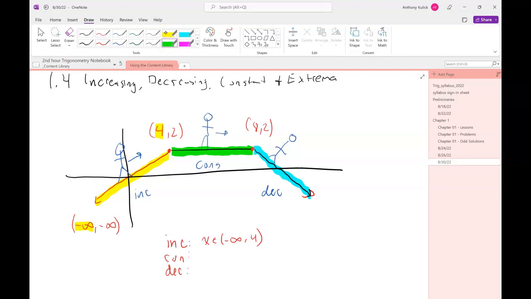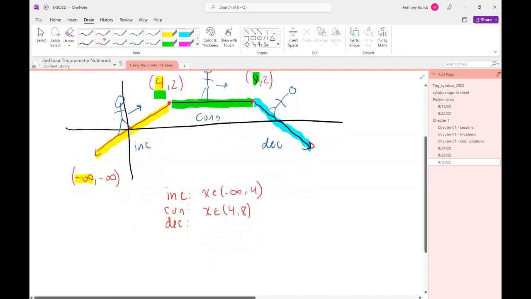So now, if I look at my interval of constant, the furthest point to the left on my interval that's constant is the point 4, 2. And the furthest point to the right on that interval that's constant is 8, 2. So my interval of constant goes from 4 to 8. Does everybody feel okay there?